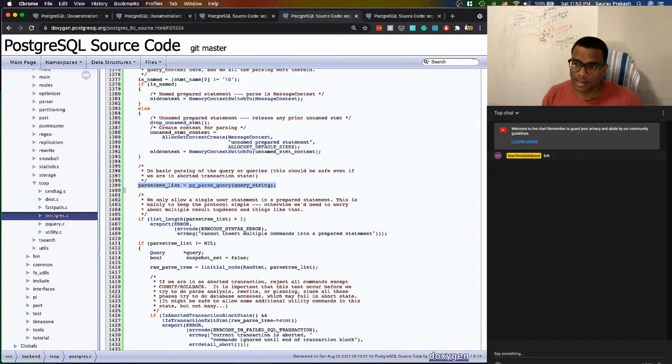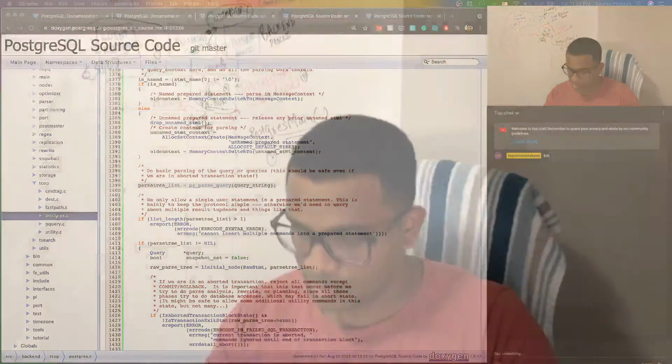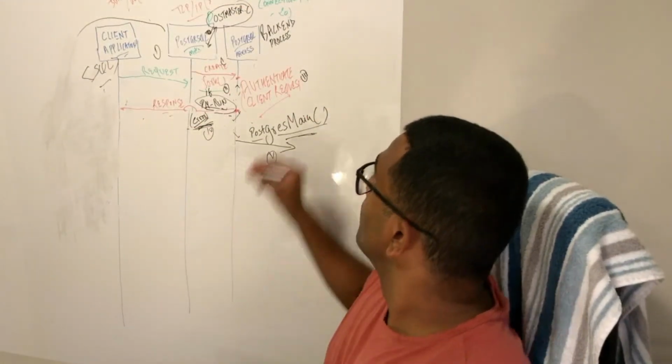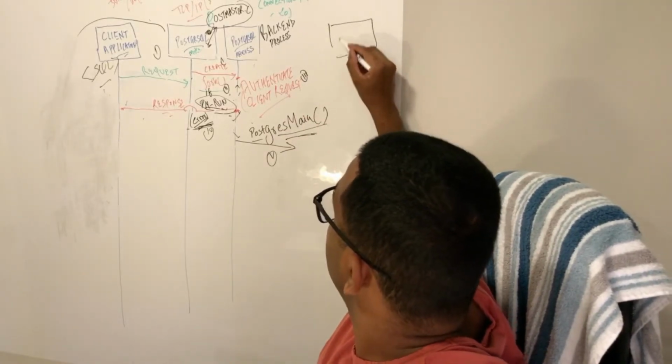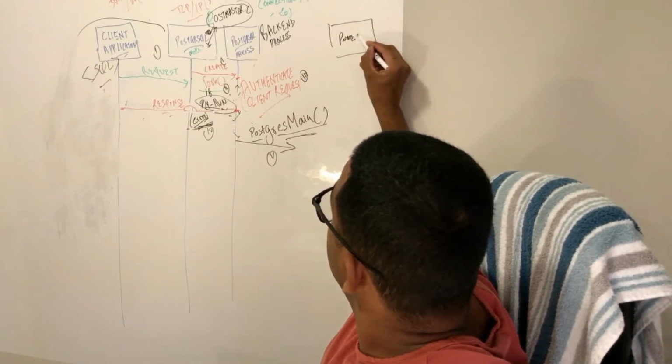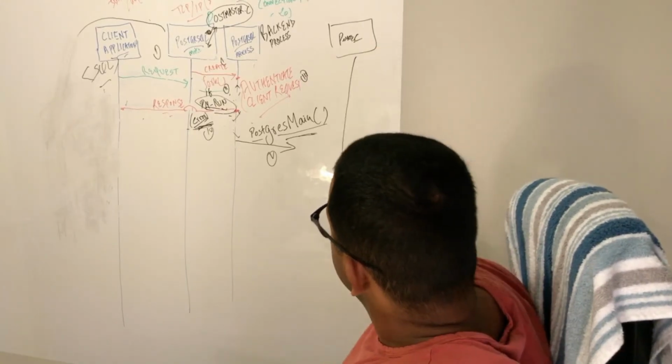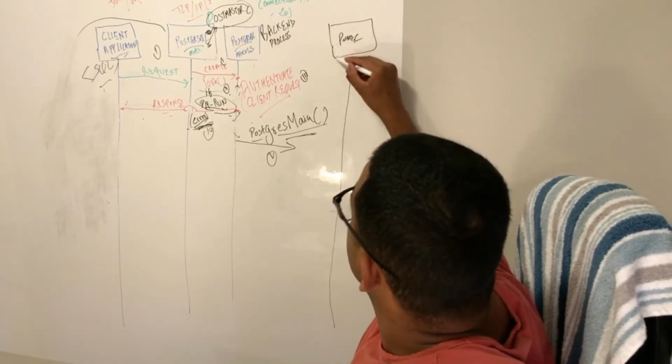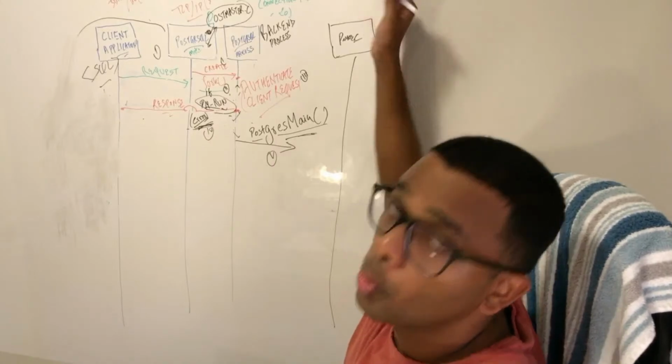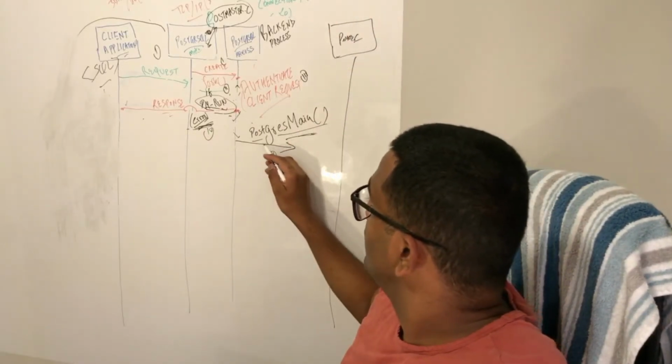As much as I know, the next step in the process is normally the parser. The parser is parser.c, which is separate code.